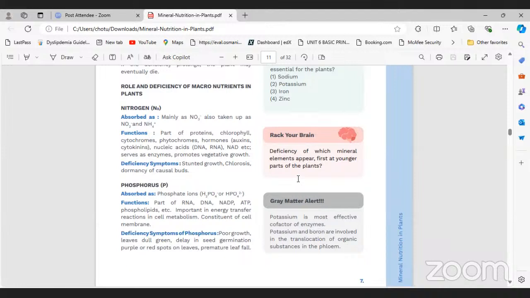Nitrogen is absolutely essential for the synthesis of protein. In addition, nitrogen is found in such important molecules as amino acids, purines, pyrimidines, porphyrin, and coenzymes.